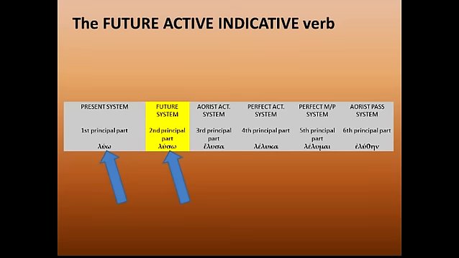There are actually two tenses that use the first principal part. We don't need to worry about that right now, but I want you to understand it's not as simple as saying each principal part is a tense. No, it's not that simple. There's a first principal part, two tenses are built on that. There's the second principal part, the future tense is built on that stem.